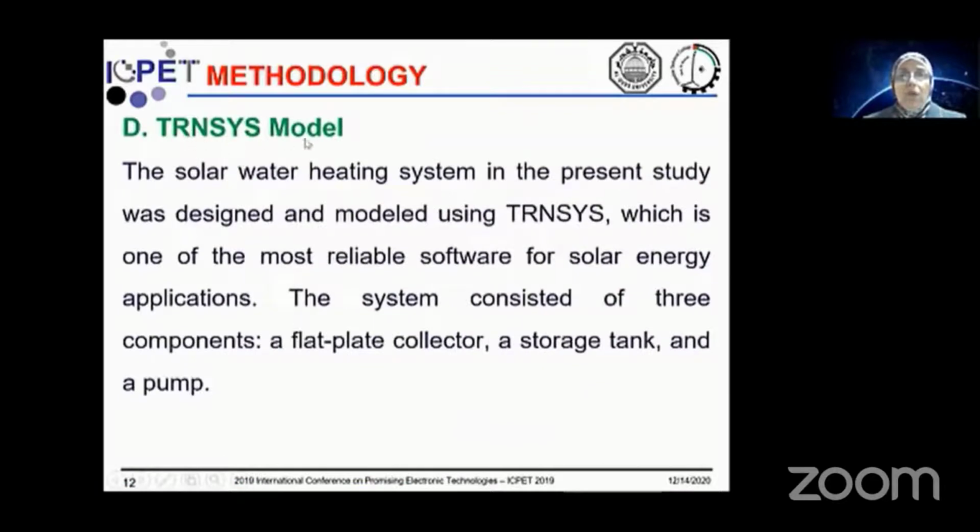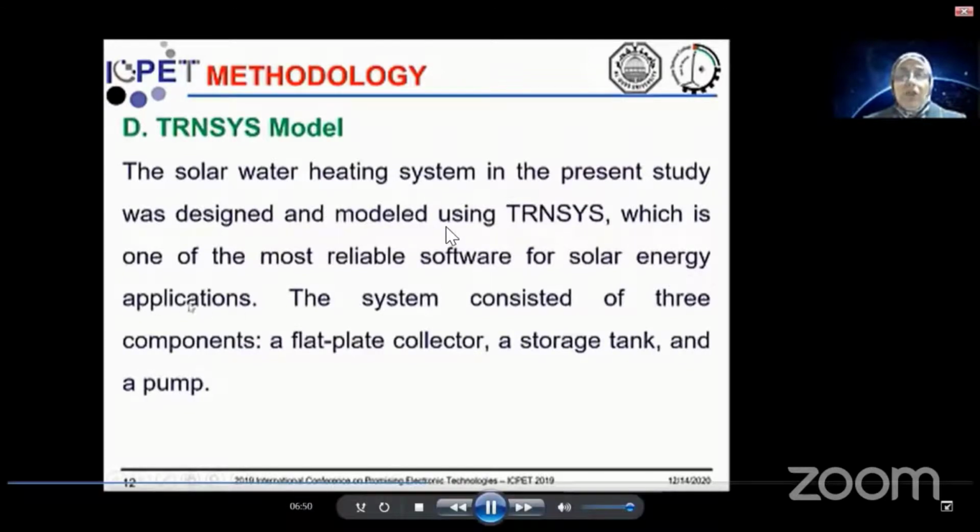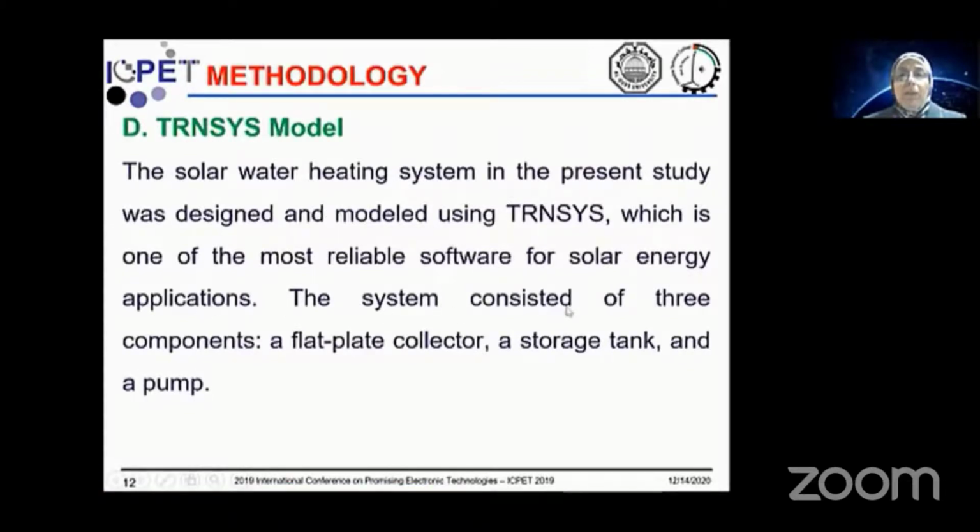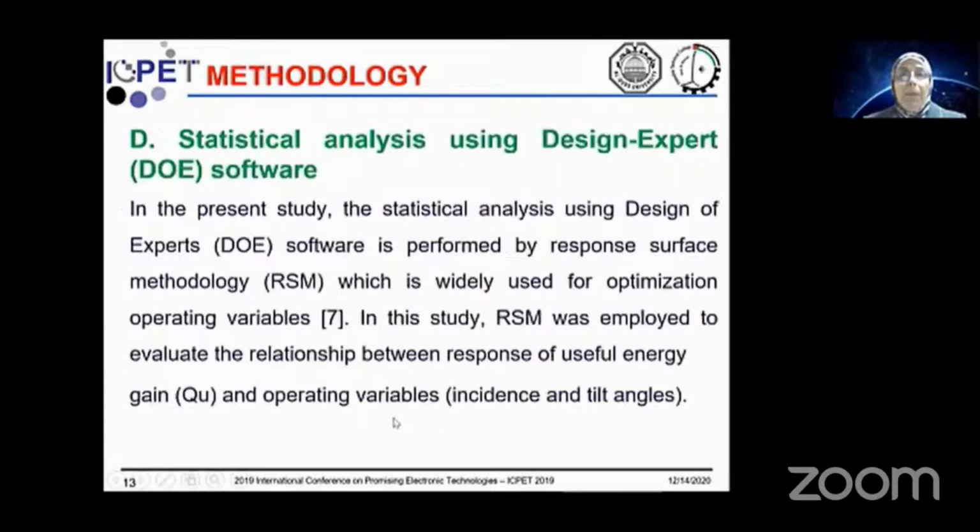In our study, we used analysis with programs like TRNSYS. In the TRNSYS model, the solar water heating system was designed and modeled using TRNSYS, which is one of the most reliable software for solar energy applications. The system consisted of 3 components: a flat plate collector, a storage tank, and a pump.